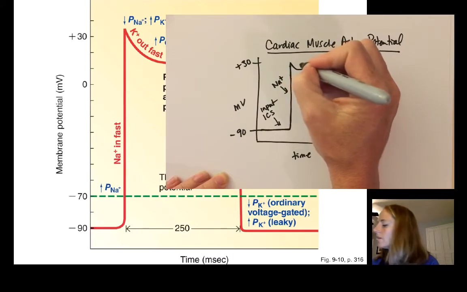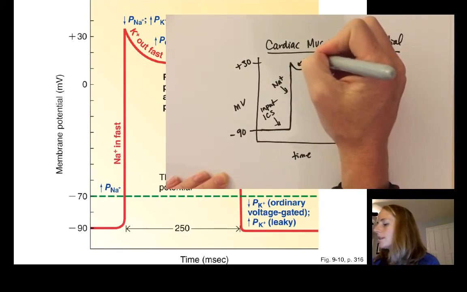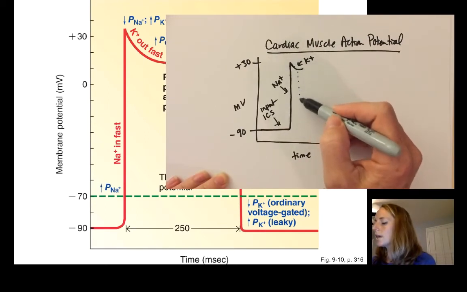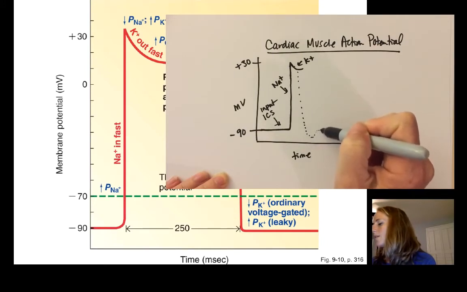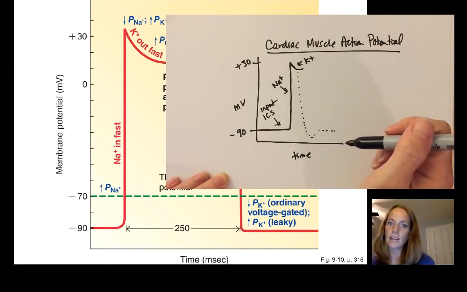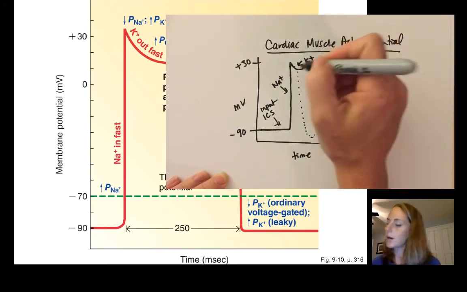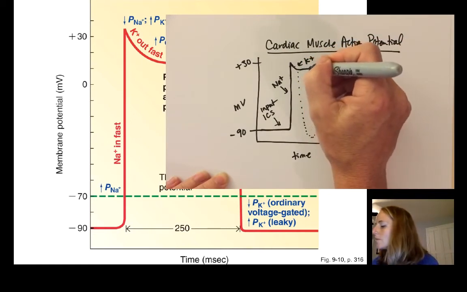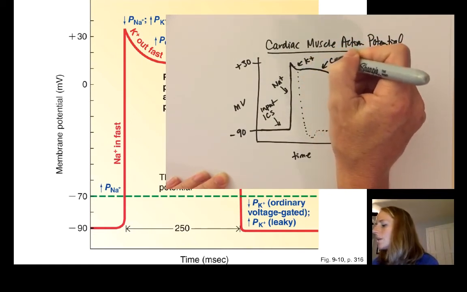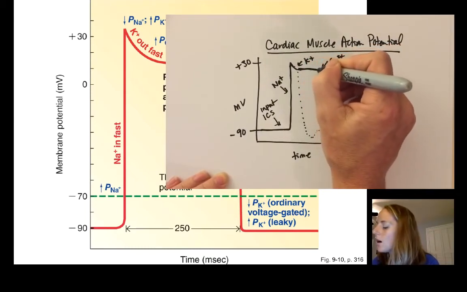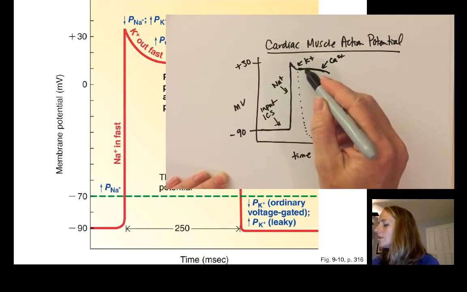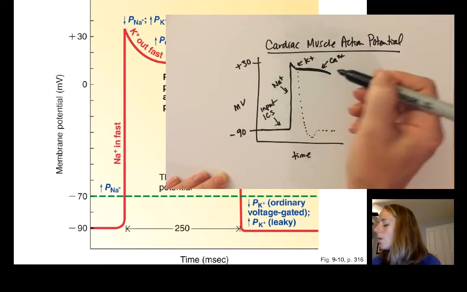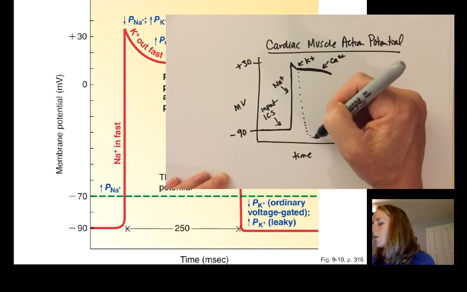From there, you'll get a little bit of a repolarization as potassium channels open and potassium starts to leave. If this was the only story, it would go back down and everything would reset. That's kind of like what happens in a regular action potential, but this is not the only story. At this point, specialized in cardiac muscle cells, we have some calcium channels. The calcium channels are going to open to prolong and keep the membrane potential depolarized, so that these slow calcium channels stay open and hold the depolarization instead of it going back down to rest.